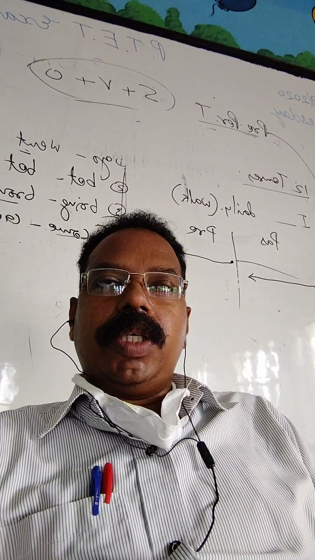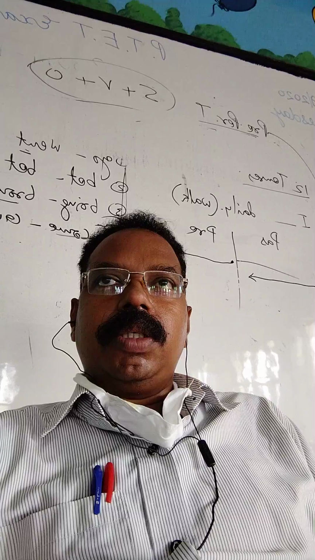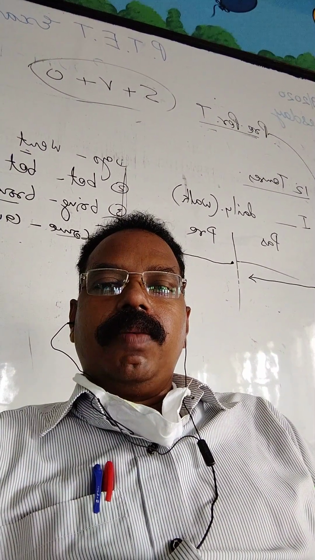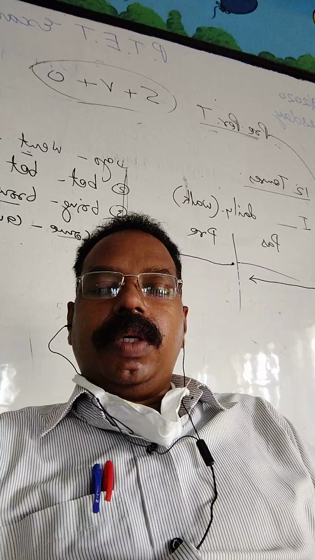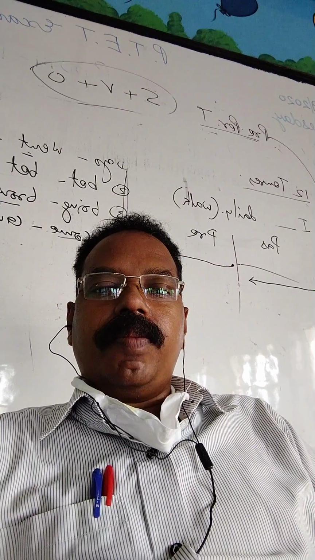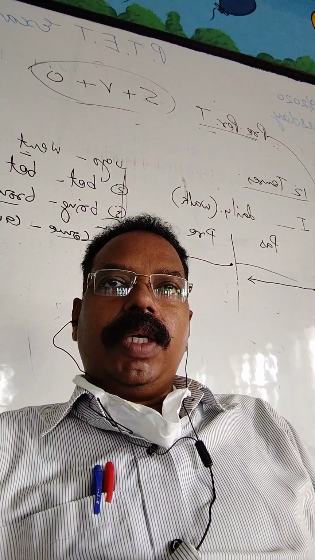For example, subject V1 object. Between the subject and V1, the verb's first form, we have to put that one. So we can say subject shall or will plus V1 plus object. This is the way that we can make the formula.